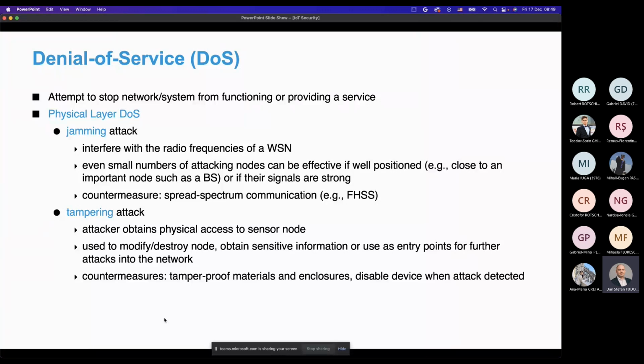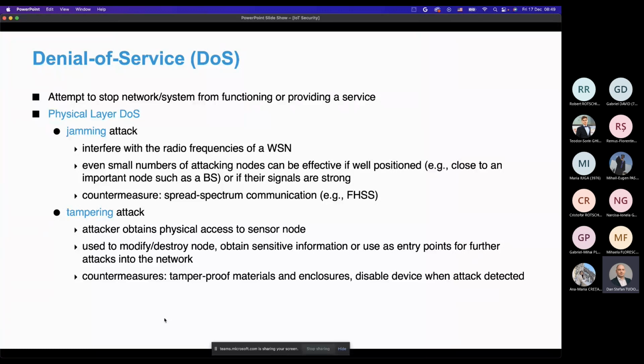The first of which is physical layer denial of service. You have a jamming attack, for example, whenever an adversary interferes with the radio frequencies of a communication network. If you have a well-positioned adversary, a few attacking nodes can disable an entire network, even if the number of attacking nodes is much smaller than the number of nodes in the network.